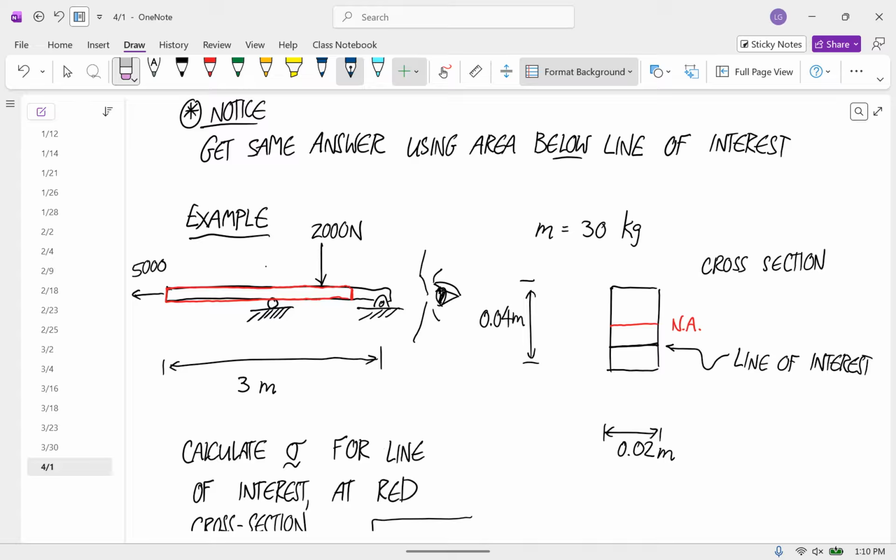It's just the red cross section, and every point along that line has the same answer. So we really calculated the stress at a line of points, not at a single point. But it only holds at this cross section here because that's where we did our cut.